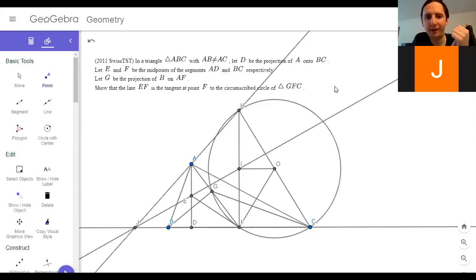I don't think I assumed EF was tangent in the proof. But hold on. So basically, we want to show triangle GFC is similar to triangle AFE. That seems like it should be doable, right? I feel like we're just missing something.